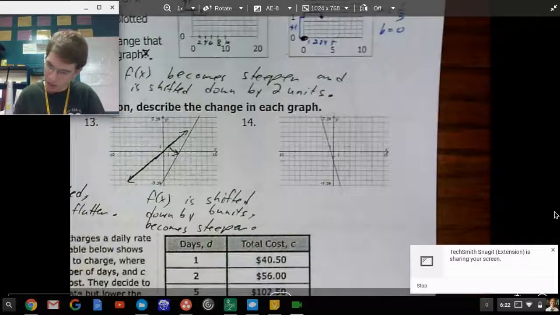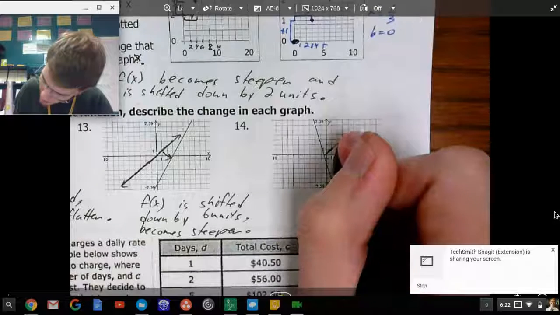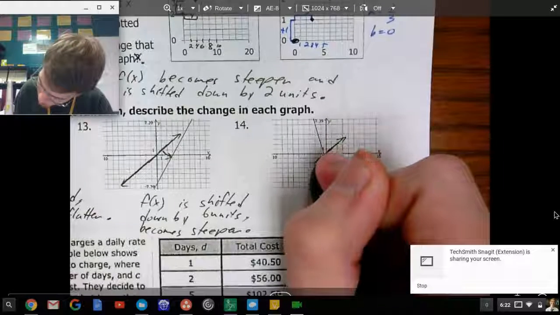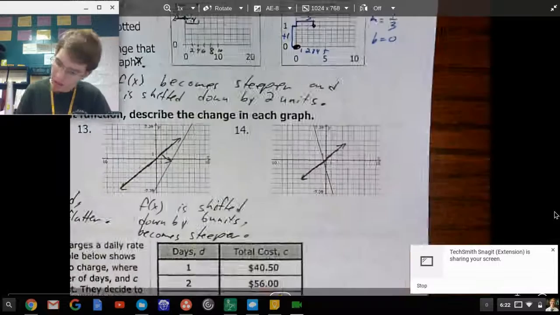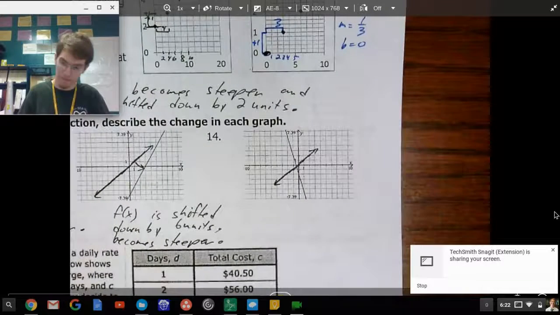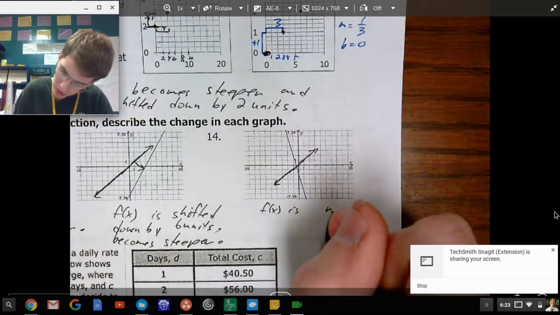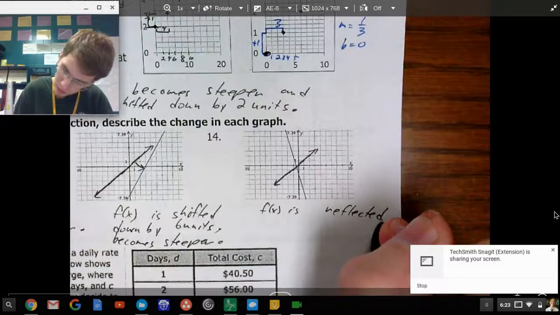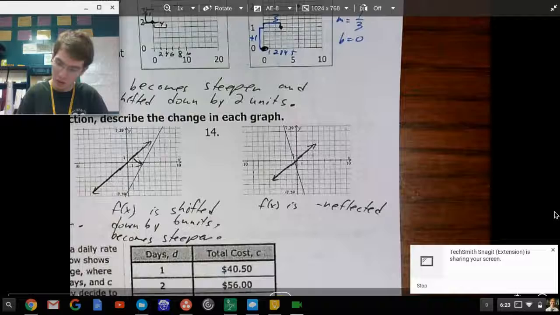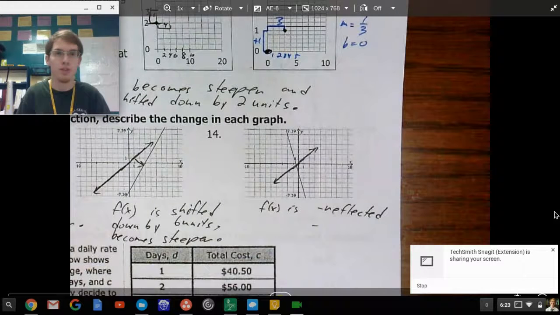Okay, now 14, if I put my parent function in there again. First thing I see is f of x is reflected. Is it flatter or steeper?